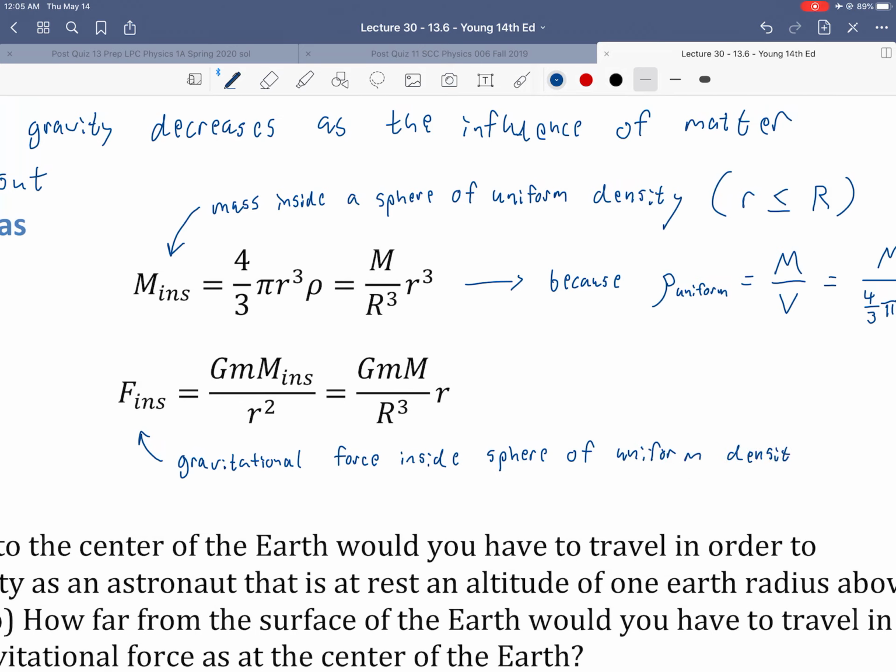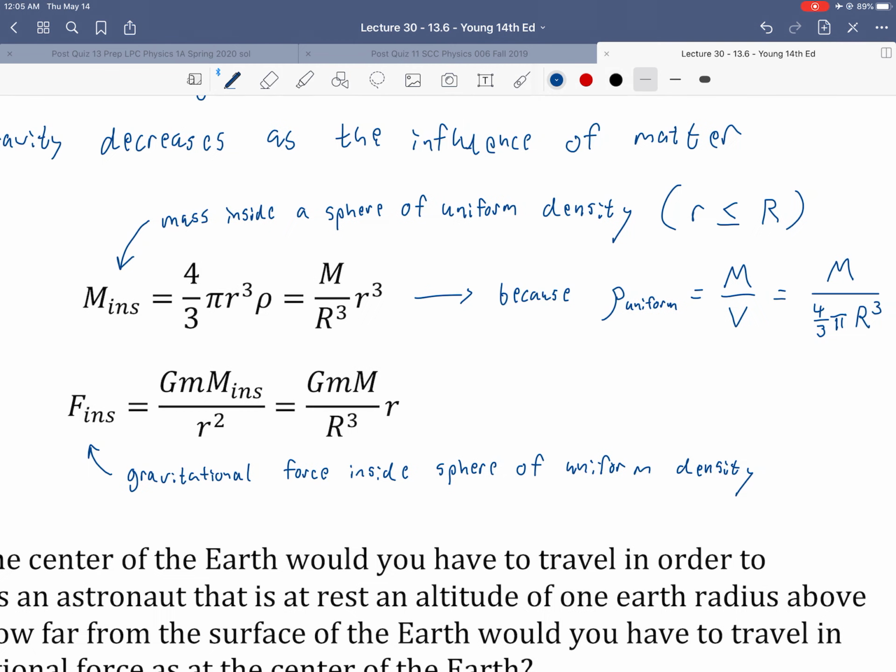And again, this would be for little r less than or equal to big R. So what's going on in this case? Well, the idea is that you just get universal gravitation. That's what all this is, just garden variety universal gravitation, G, M, M over r squared. Of course here, M is the mass enclosed.